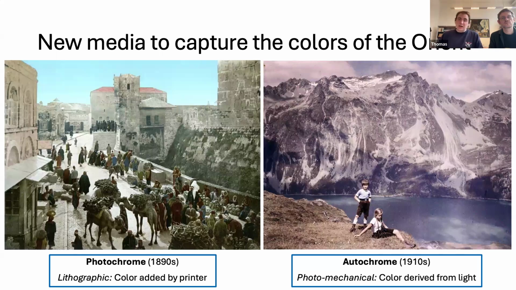And on the other hand, we have autochrome, which was invented by the Lumière brothers, who also invented cinema. And this is a photomechanical technique. So here, the colors of a photograph are directly derived from light, right? So these are two basic ways to make color photography possible. On the one hand, we have black and white photographs that are colored in. And on the other hand, we have autochromes where colors are derived from light.